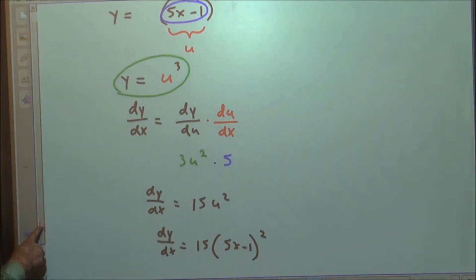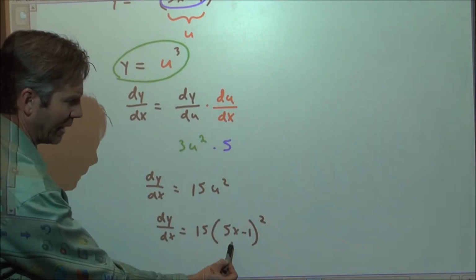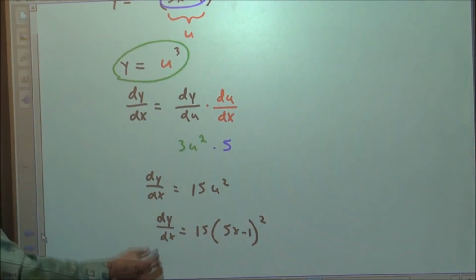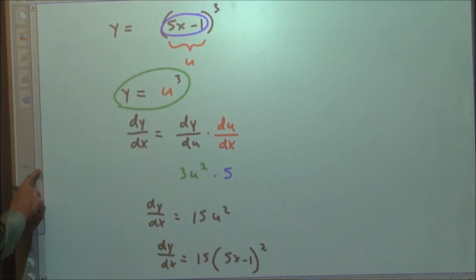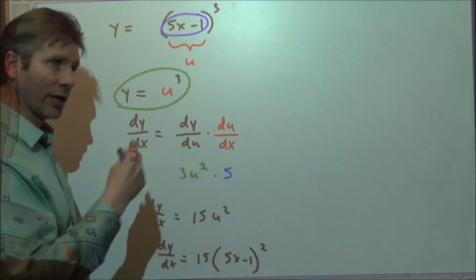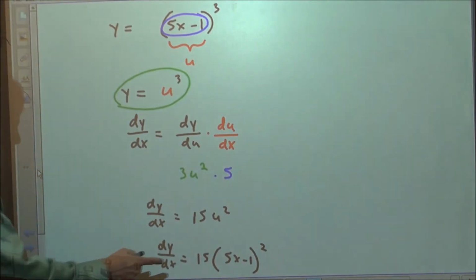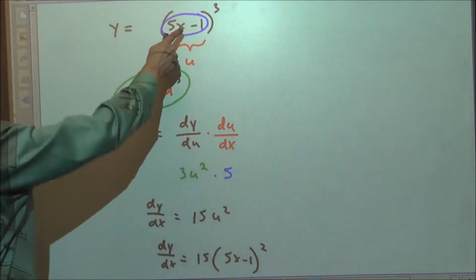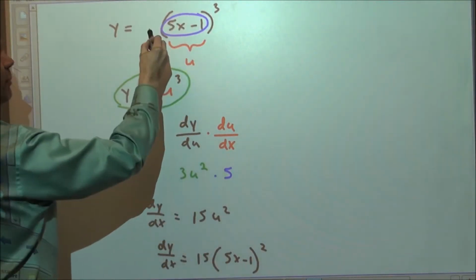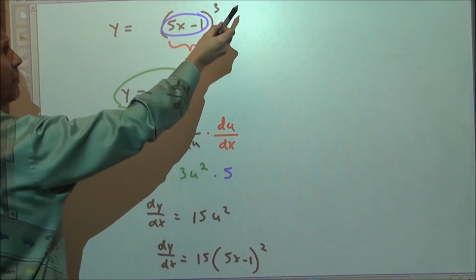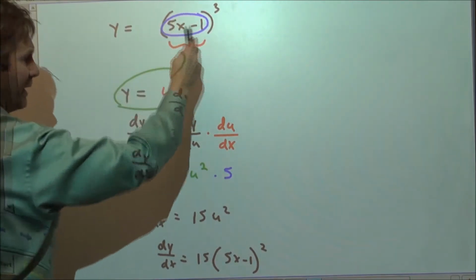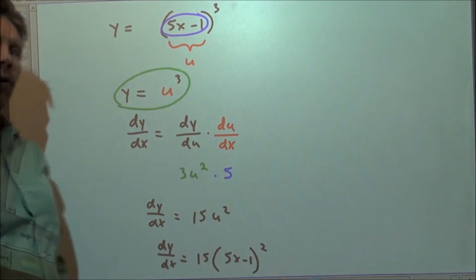And now just remind ourselves what u is and replace it back with the 5x minus 1. So that's dy/dx. No argument that those of you that are really quick with the chain rule can reach that answer a lot faster by just multiplying in front by 3, reducing that by 1, and then multiplying on the outside by 5. There's no argument with that.